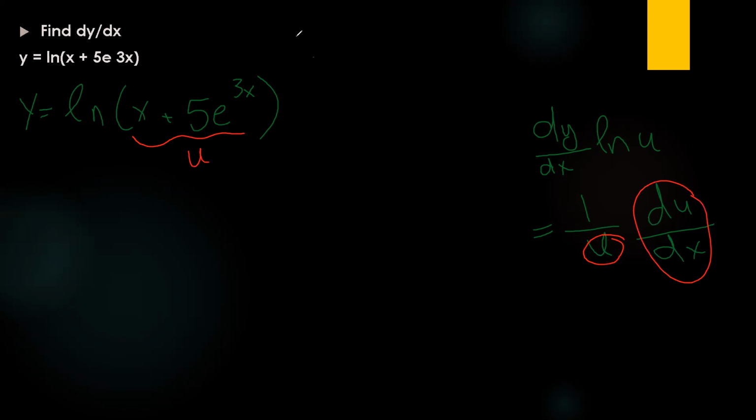If u is x plus 5e to the power 3x, I need to find du. What is the derivative of x? 1. Let's replace this up here.